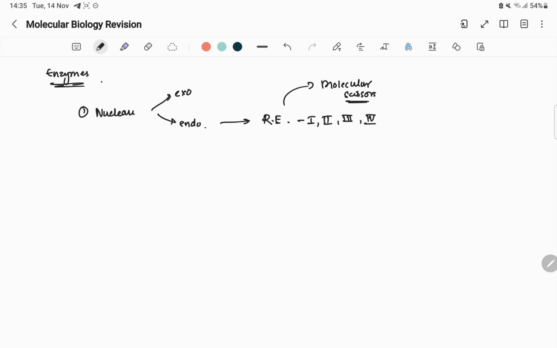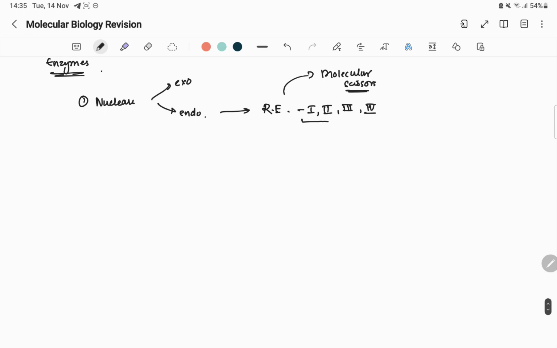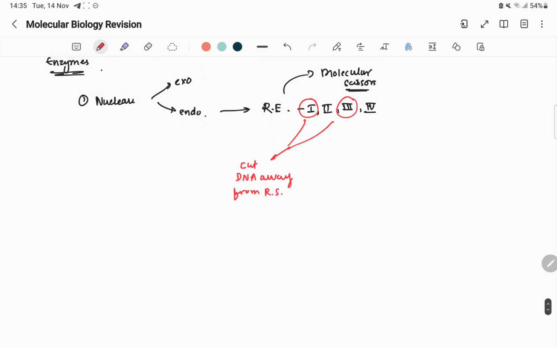Types 1 and 3 cut the DNA away from the restriction site, which will generate blunt ends, not sticky ends.